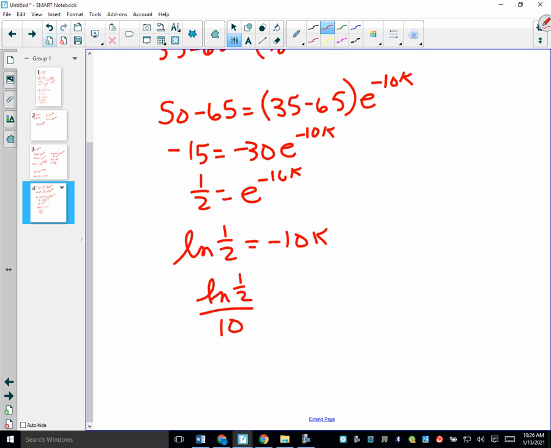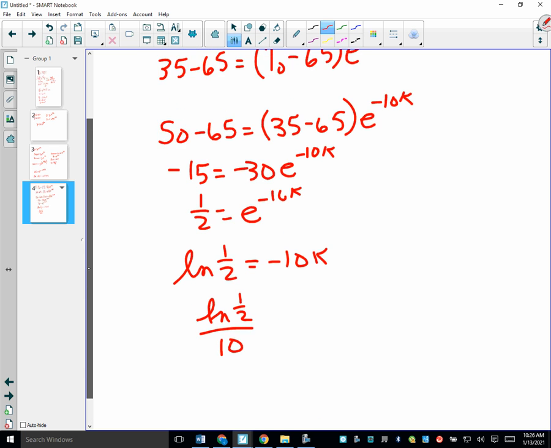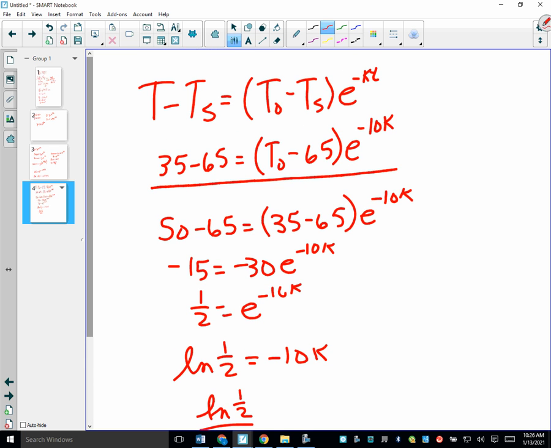You're right. So now can I find the original temperature by going back to my equation right here and filling in K?